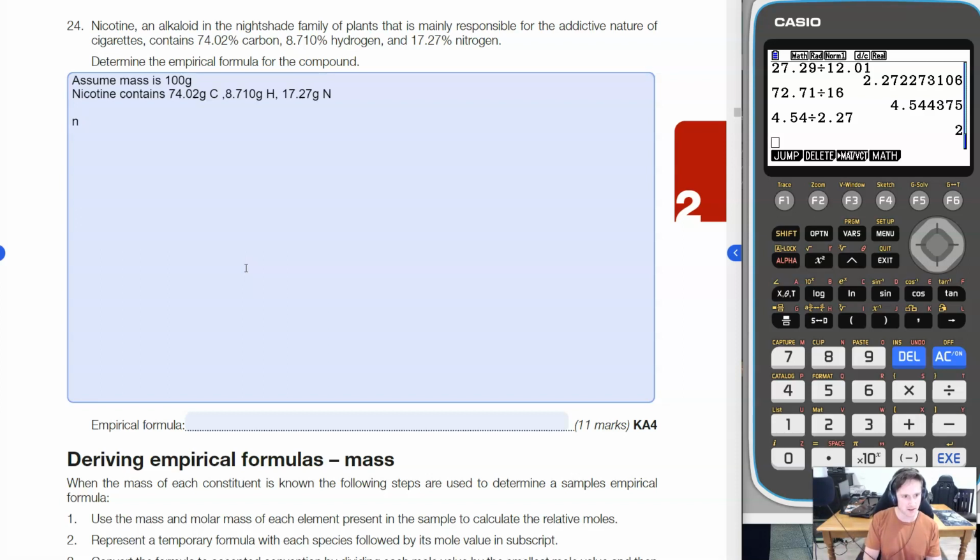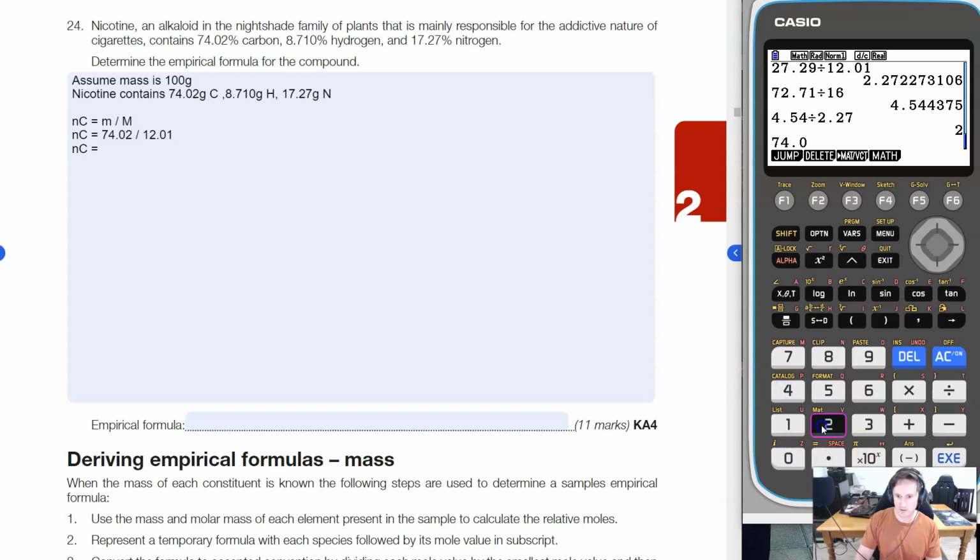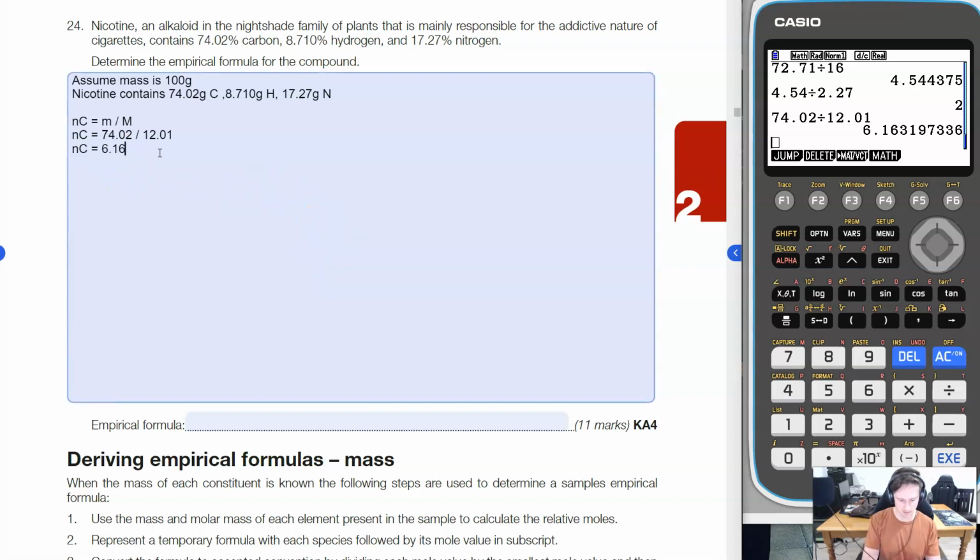Okay, so the number of moles of the carbon is going to be mass divided by molar mass. So that's going to be 74.02 grams divided by 12.01. So the number of moles of carbon is 74.02 divided by 12.01, which is 6.16 mole.